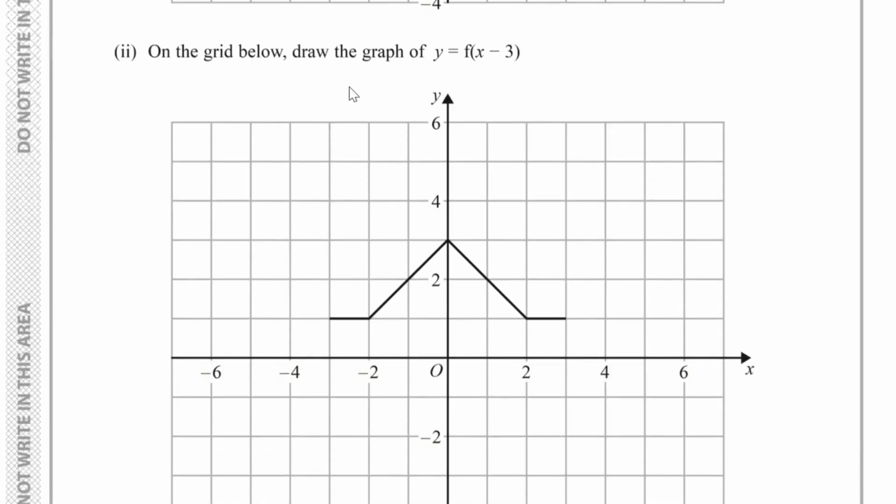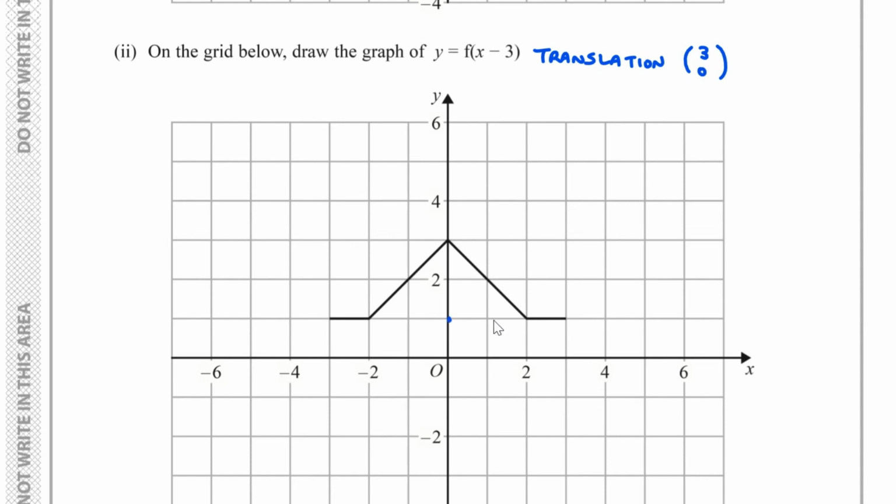And for the next part, we have to draw the graph of y equals f of x minus 3. Well, here we have a translation by vector 3, 0. So each coordinate is moving 3 units to the right. So this one is moved 3 to the right.